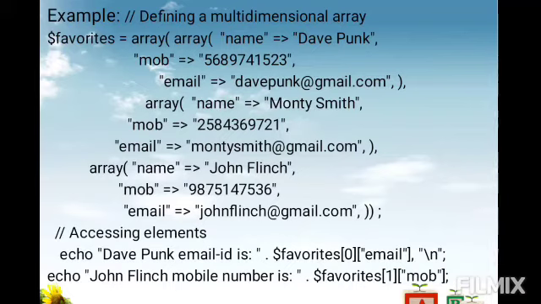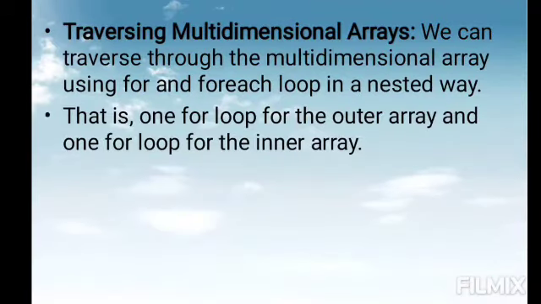In this way we can access the elements in a multi-dimensional array. Traversing multi-dimensional arrays is accomplished by using for and foreach loops in a nested way. One for loop for the outer array and one for loop for the inner array. In this way we can traverse multi-dimensional arrays.